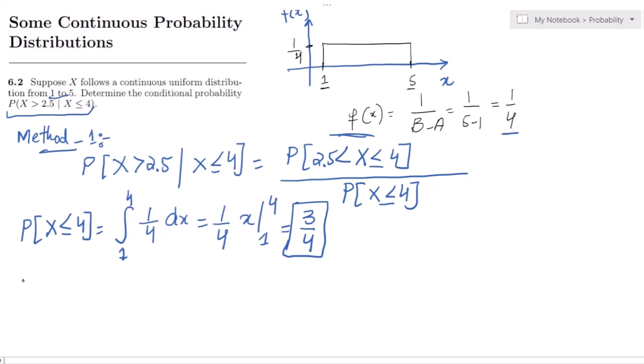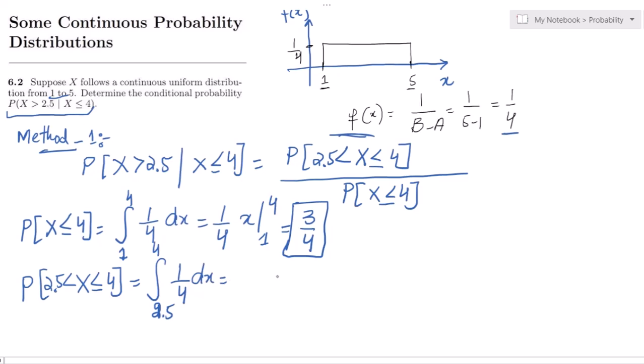Also, the probability that x is greater than 2.5 and less than or equal to 4: the only difference is that the limits are from 2.5 to 4, and f of x remains the same.